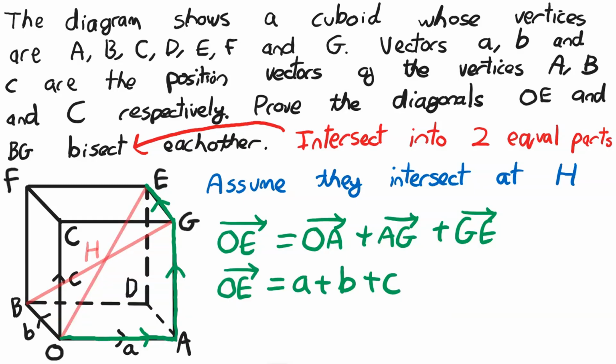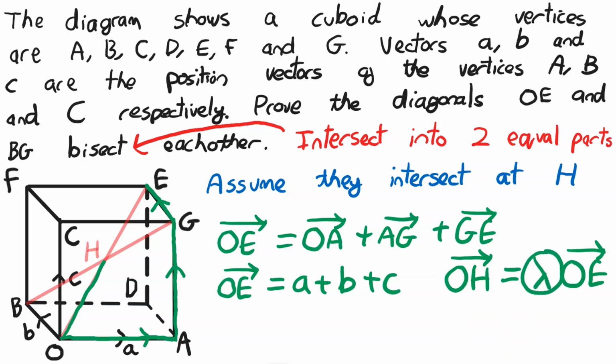Now, if we look at the line OH, and this is going up to where it intersects with the other diagonal, we can see that this is a part of the bigger line OE. So what we can say is that OH is equal to lambda OE, where this lambda is a scalar, it's a number, it's going to be a fraction, it's going to be less than 1 because this is part of the OE line.